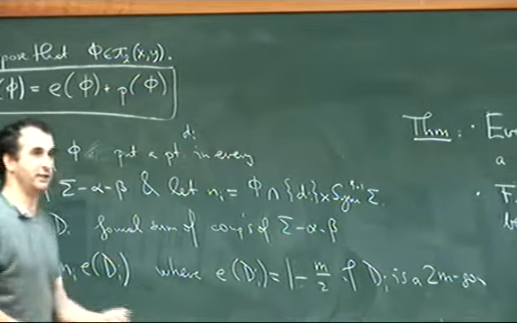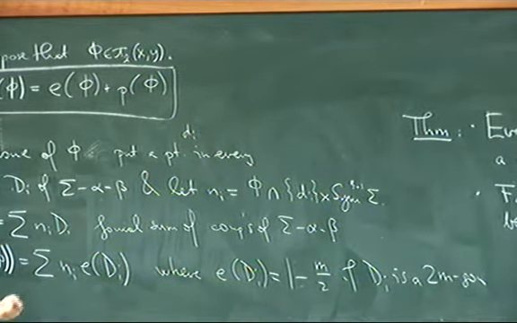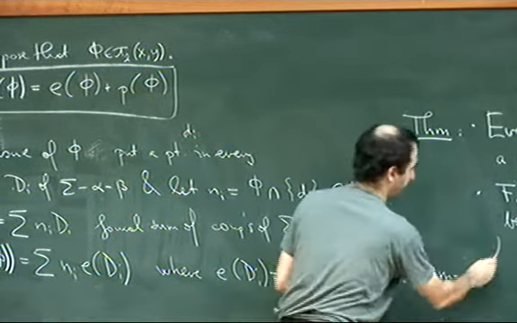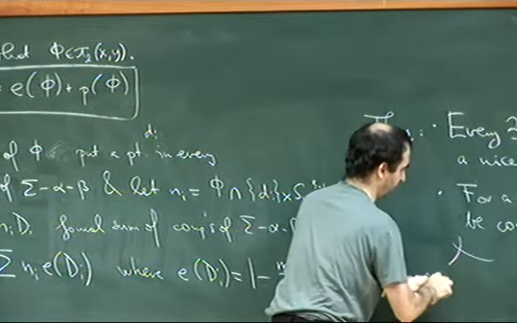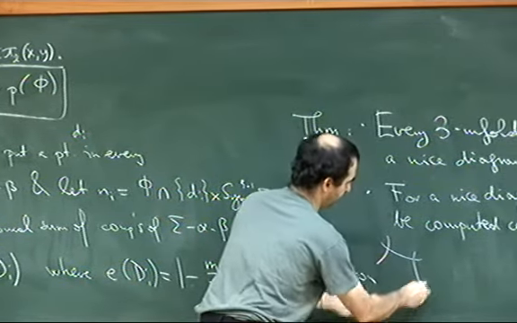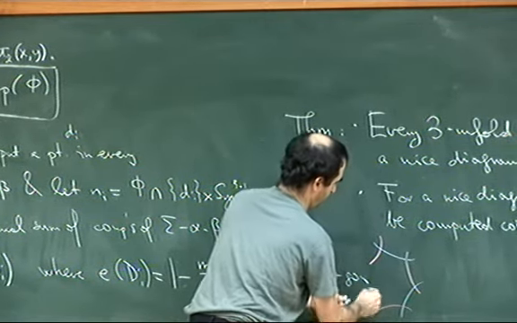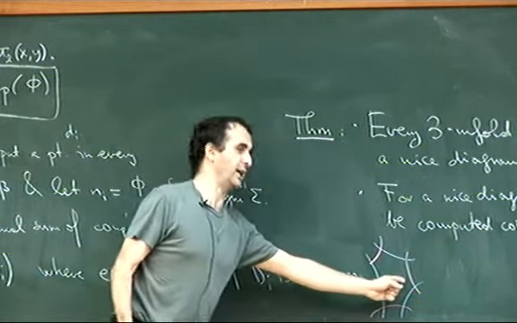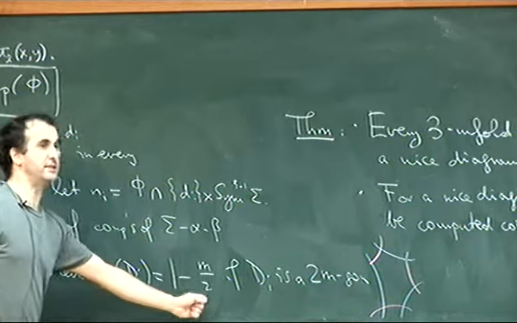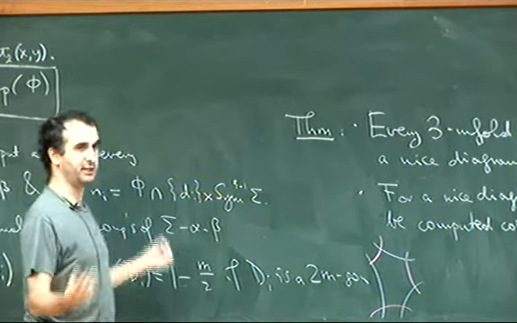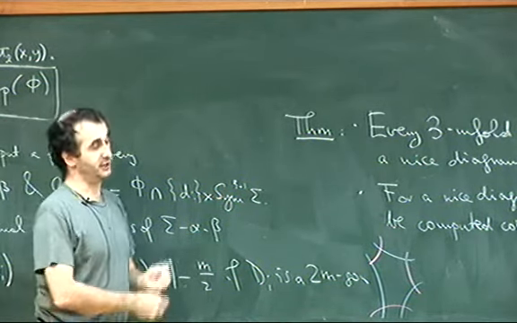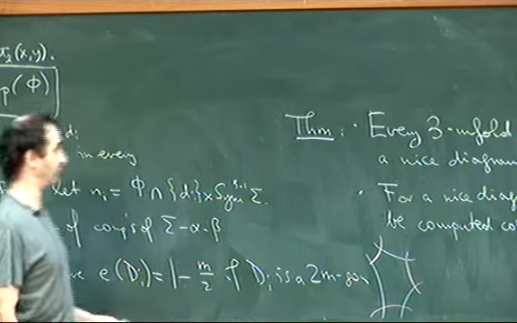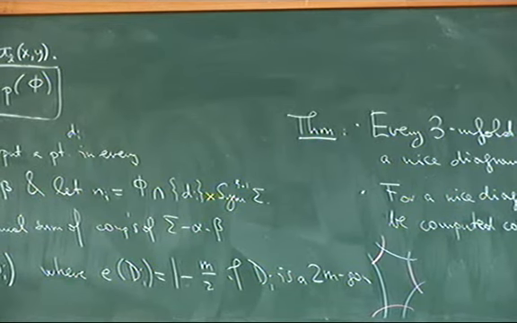Notice that every domain has an even number of boundary paths, because the alphas and the betas are disjoint and they are the boundaries, so there is an alternating fashion on the boundary. If I draw something and it happens to be a 2m-gon, then I associate this number to it. If it has more complicated topology, then there is a way to associate a number to it, but I will not tell you what it is, and it's not important for us because in our case it will not play a role.